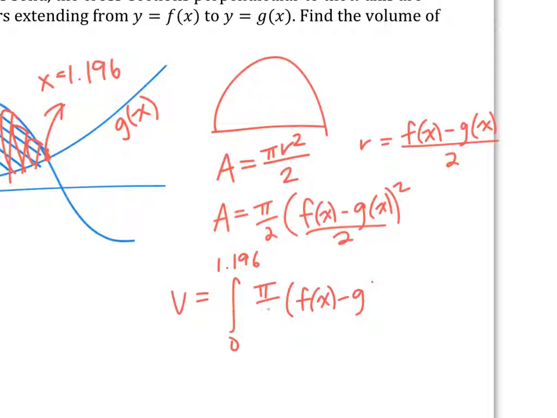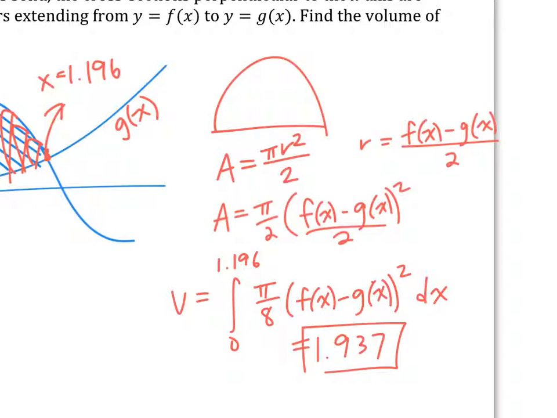Pi over 8 of (f of x minus g of x) squared dx. Okay, now use the calculator to find the answer, and since hopefully you already stored it in y1 and y2, you can just recall that and figure out the answer that way. Okay, so the answer is 1.937.